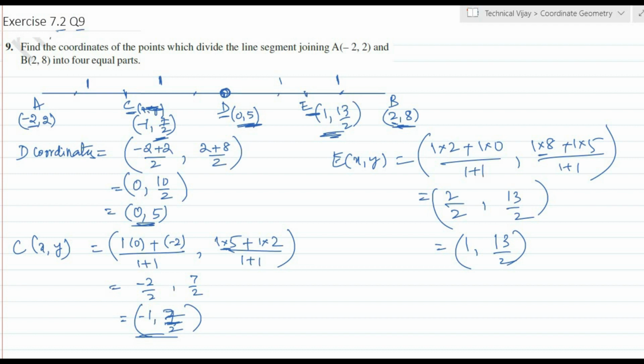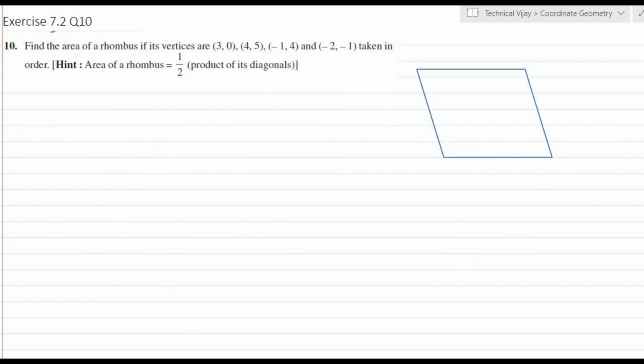Okay. So exercise 7.2, question number 10. Find the area of the rhombus if its vertices are 3 comma 0, 4 comma 5, minus 1 comma 4 and minus 2 comma minus 1, taken in order, this is A, B, C and D. There is a hint: area of rhombus is equal to half of the product of its diagonals.